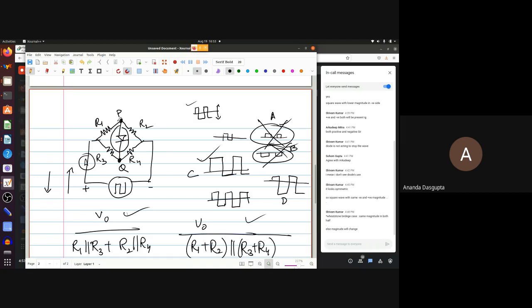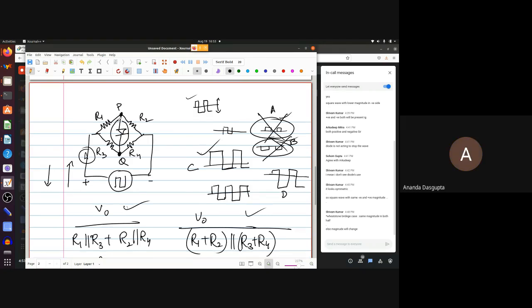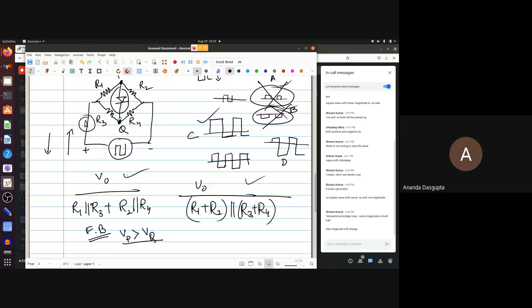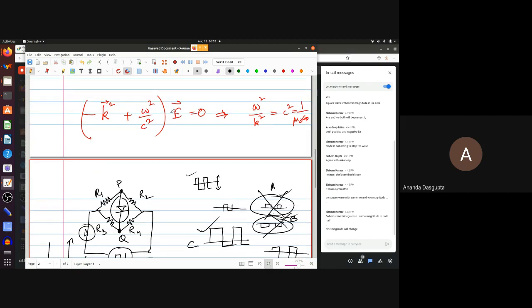Thevenin equivalent. Yeah, it would look like a Thevenin equivalent, which is just this. So all you really need is a Thevenin voltage between the points P and Q. If that's positive, the diode will be forward biased. If that's negative, the diode will be reverse biased. As simple as that.